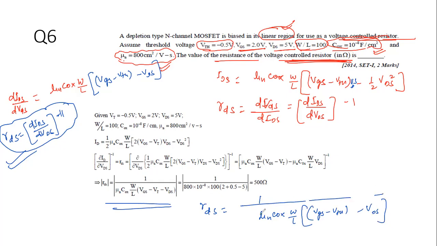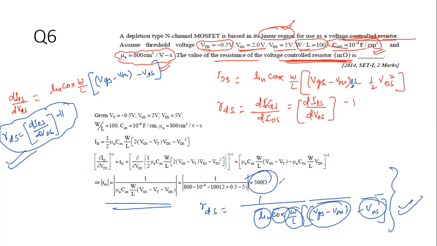Put in the mobility, C oxide, W by L ratio, VGS minus VTH and VDS, and you will get the answer, 500 ohm. So 500 ohm is the right answer.